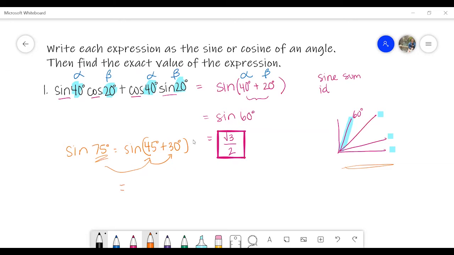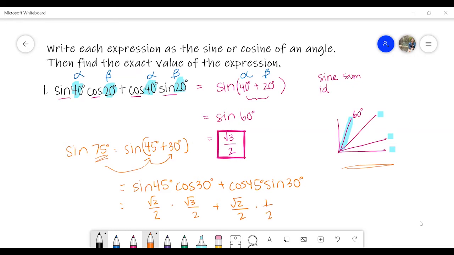So this one you could expand: sine, cosine, cosine, sine, right? And you could actually figure out all these values. This is root 2 over 2 times root 3 over 2, plus root 2 over 2 times 1/2, right?